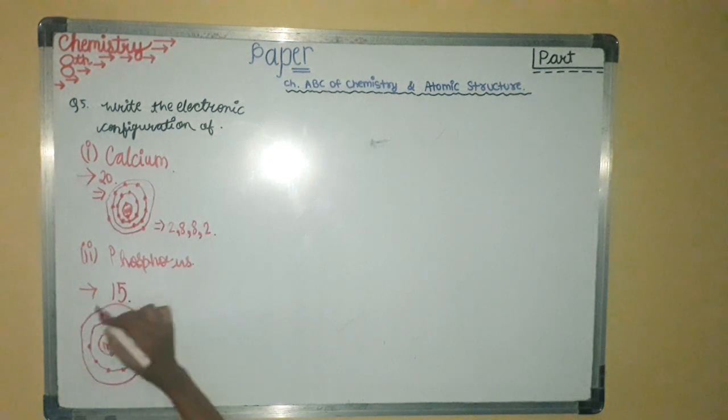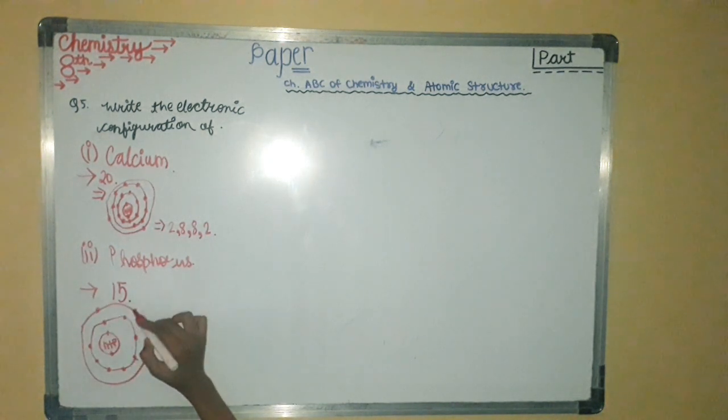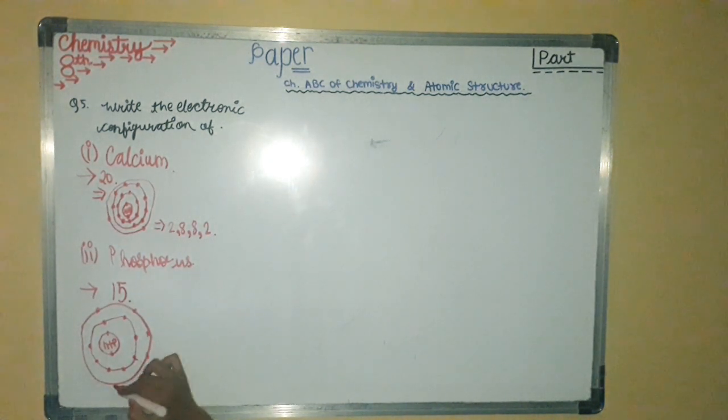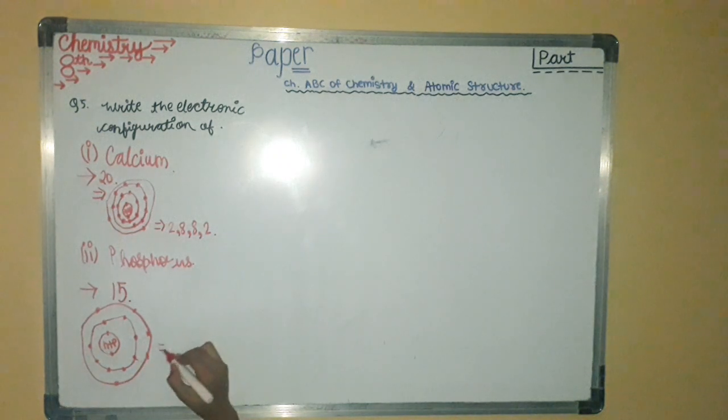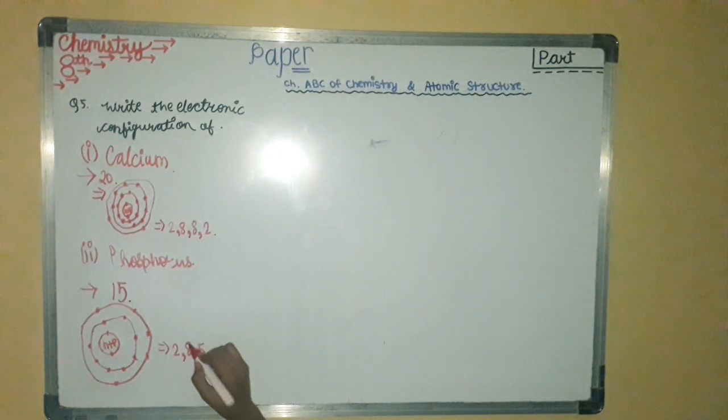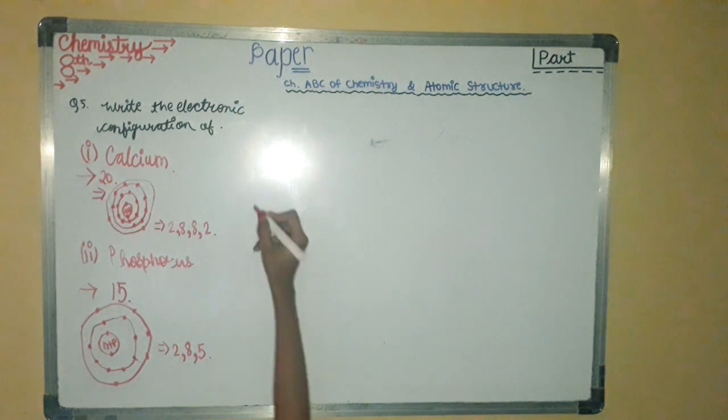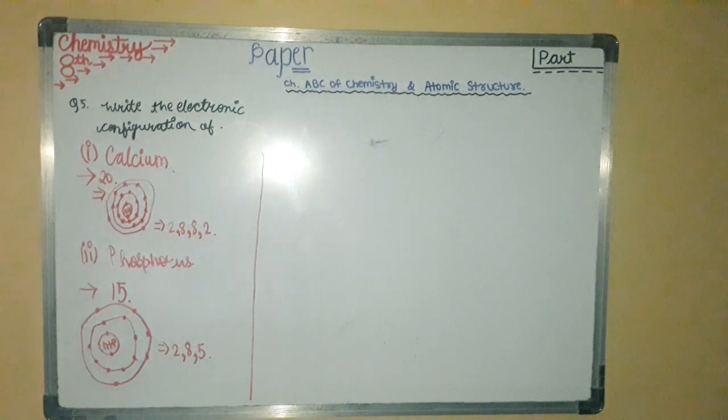Sorry, 5 more. 1, 2, 3, 4, 5. Therefore, the electronic configuration is 2, 8, 5. I hope you've understood this electronic configuration of both elements. Moving towards the next question.